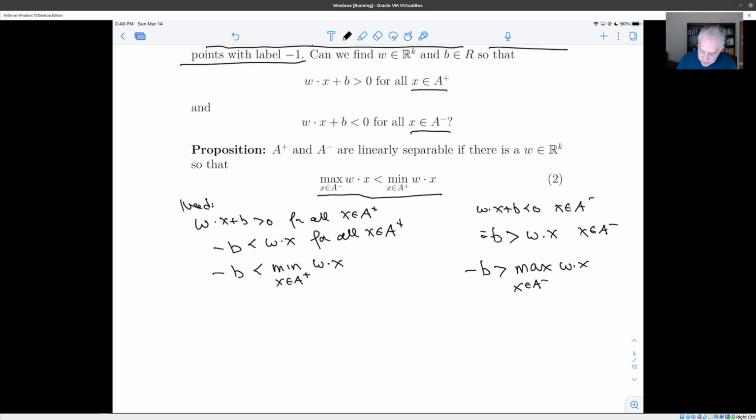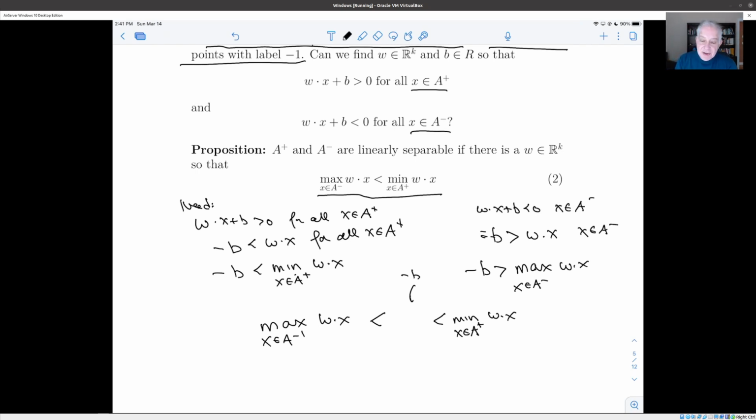And if you look at these two conditions, if you have to have a number which is smaller than this number and bigger than that number, it had better be the case that the maximum over x in A minus of w dot x had better be smaller than the minimum of x in A plus of w dot x, because you've got to fit a minus b in here. And if that condition didn't hold, it wouldn't be possible to do that.